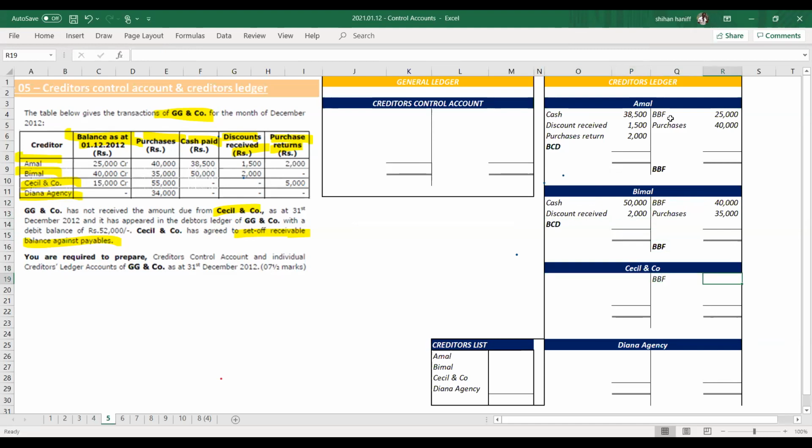Cecil opening balance is nil. Sorry, opening balance is 15,000. Purchases 55,000.